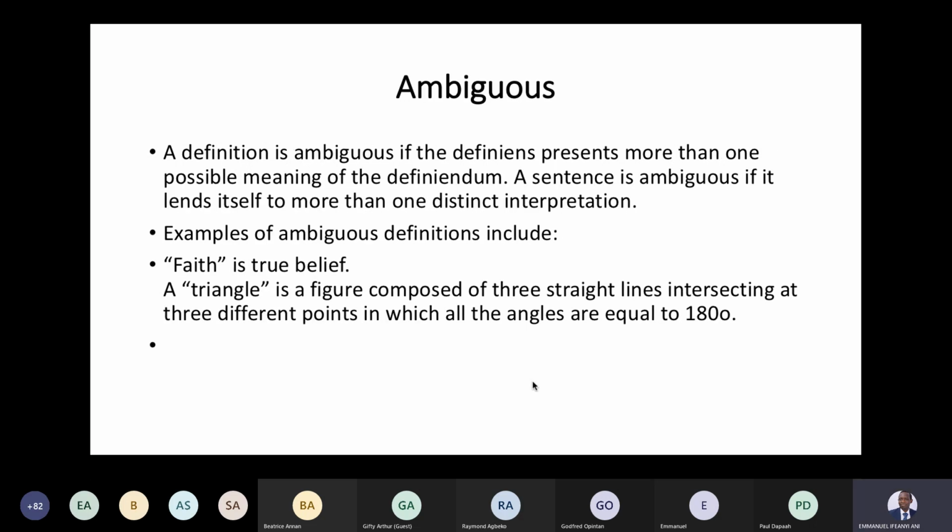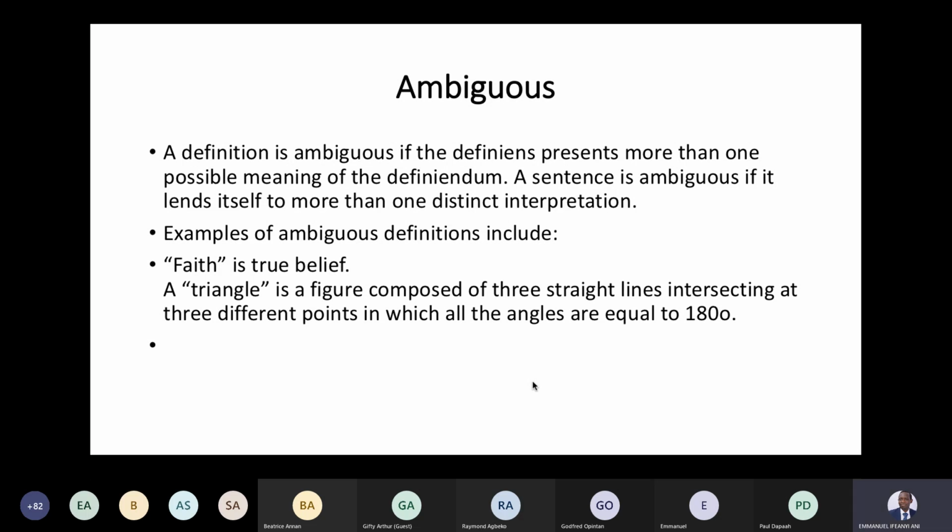Then ambiguous. The definition is ambiguous if the definiens presents more than one possible meaning of the definiendum. So you can see this is different from a vague definition. In the case of a vague definition, you don't know the class of things that the definition applies to. But an ambiguous definition presents more than one possible meaning of something.